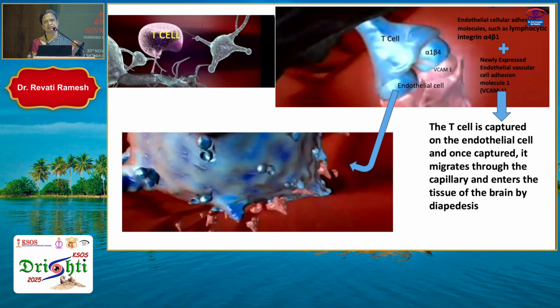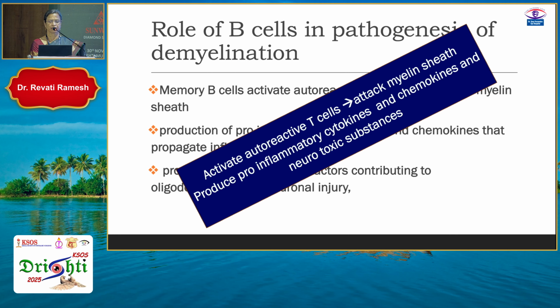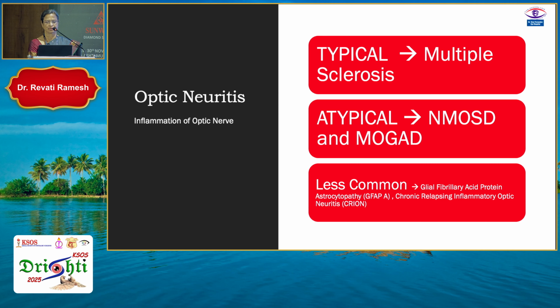And once the T cell is inside the CNS, it causes neuronal damage and myelin damage, demyelination. The B cells also contribute to the pathogenesis. They activate the autoreactive T cells which attack the myelin sheath, produce pro-inflammatory cytokines and chemokines and neurotoxic substances. So B and T cell mechanisms are involved.